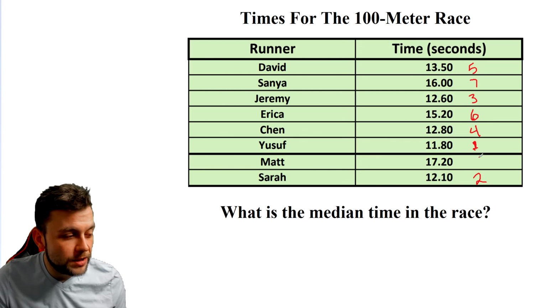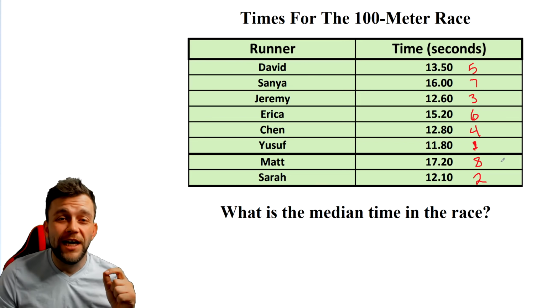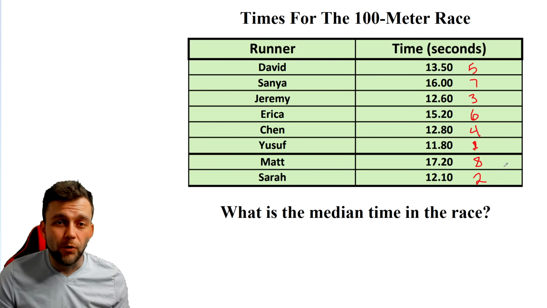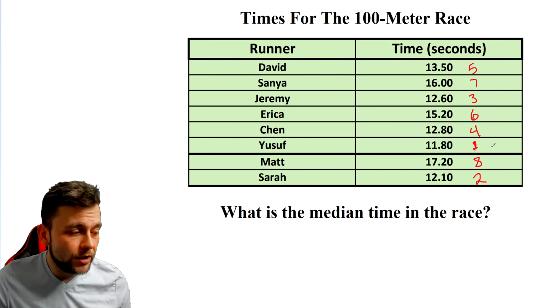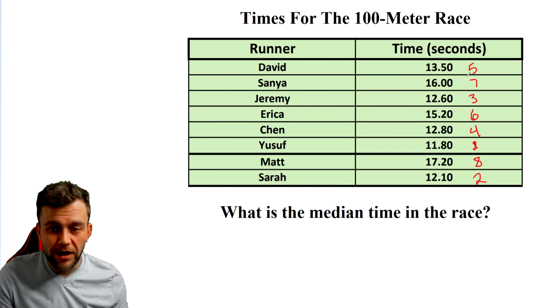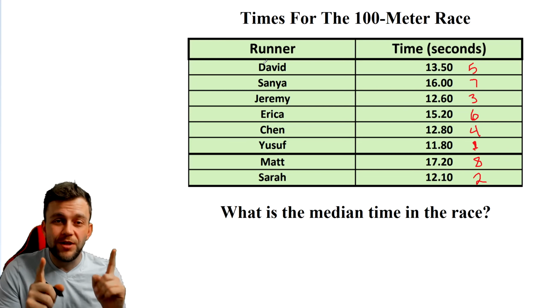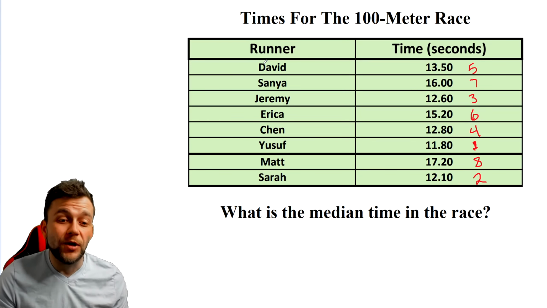And then it is 8. Right away, I notice that we have an even number in our data set. So we're going to have to take the average of two numbers. Now that we've put them in order like this, let's go ahead and just list them out. It's easier to see things. Always write things down. Use writing as your advantage.